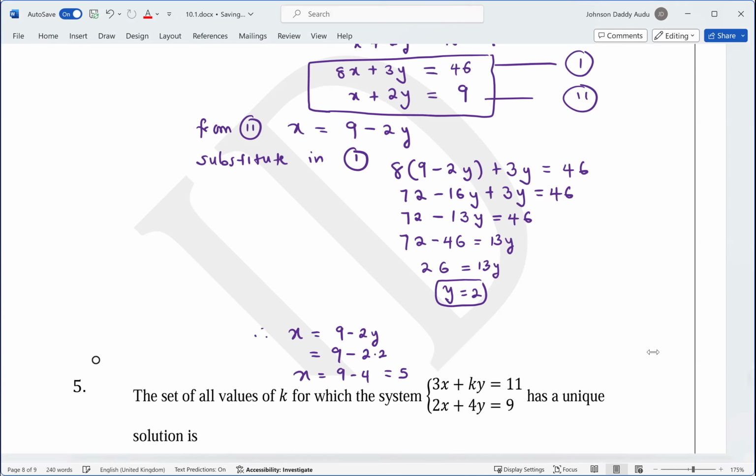So the solution, our x and y, we have only one solution for this system, which is just A, B. x is 5, y is 2. So this is the A and this is the B. So A minus B is just going to be 5 minus 2, which is 3.